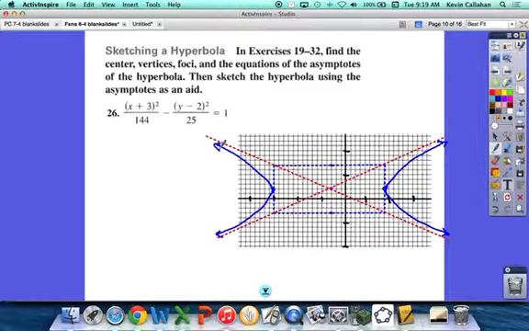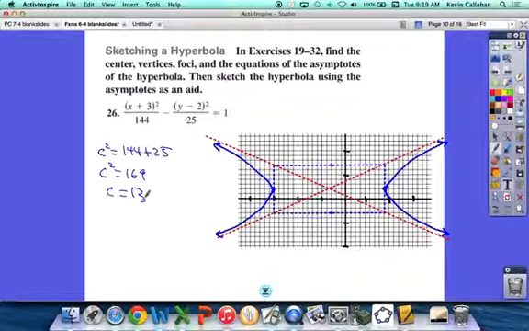And the foci, right? In order to do that part, we need to calculate the C. We know that C squared equals 144 plus 25. C squared equals 169, so C equals 13.